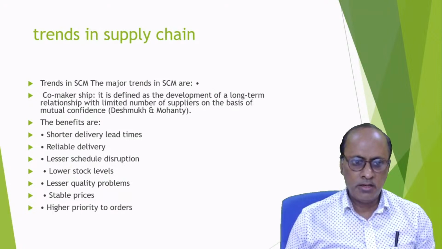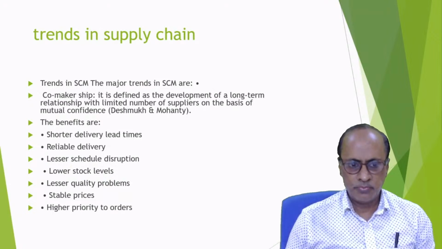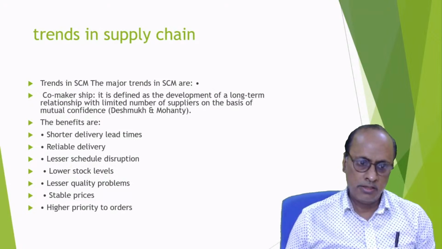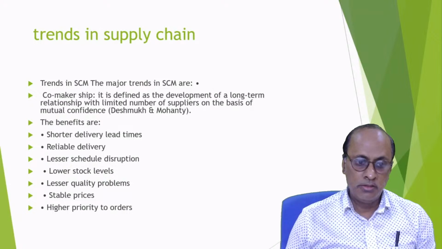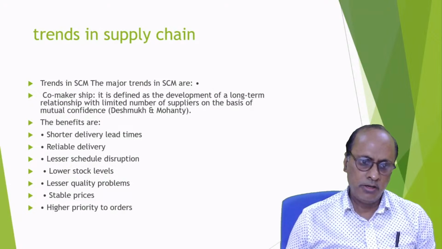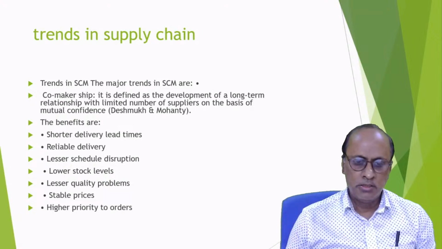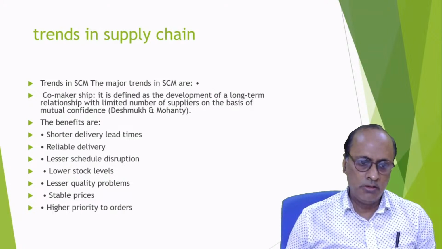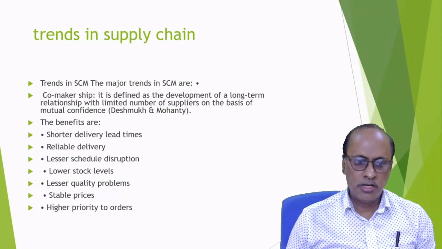So the benefits are shorter delivery lead times. That means by placing an order with the supplier, we can get the orders ready in a shorter period of time. So if we can reduce the delivery lead time, then our inventory can be optimized. Reliable delivery: if you have mutual confidence in each other, the delivery will reach on time, on the promised date.